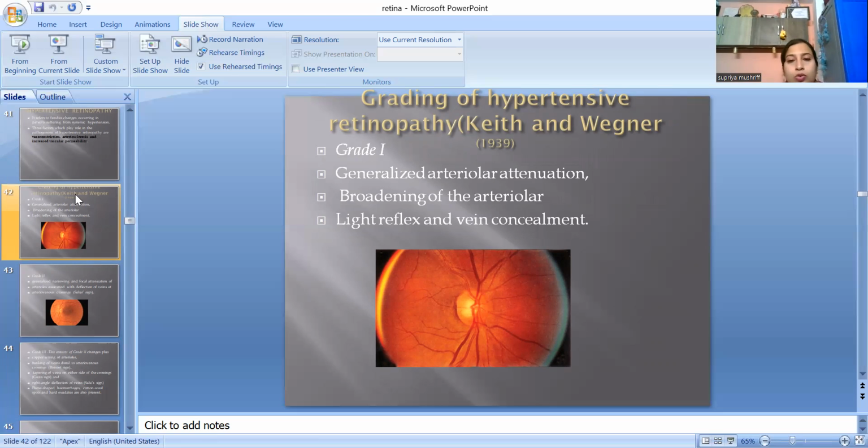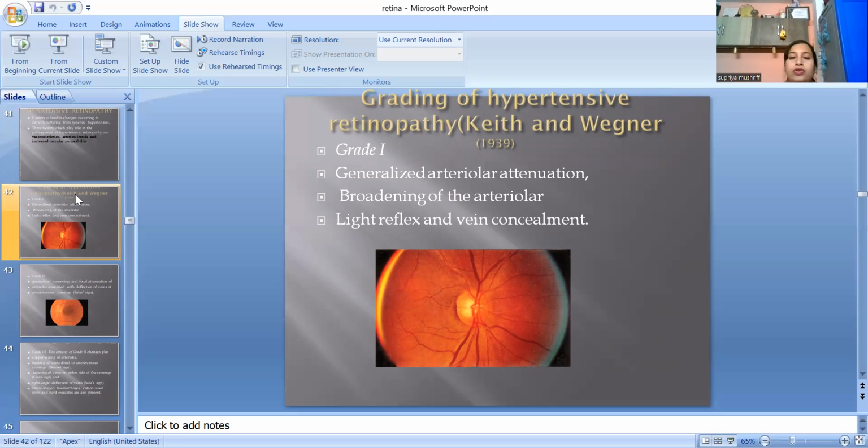First of all, I would like to tell you why it is important to know hypertensive retinopathy, because most of the patients will be referred from the medicine department to the ophthalmology department for grading. And why this grading is very important, because the grading of hypertensive retinopathy will be associated with the severity and chronicity of the hypertension in the patient.